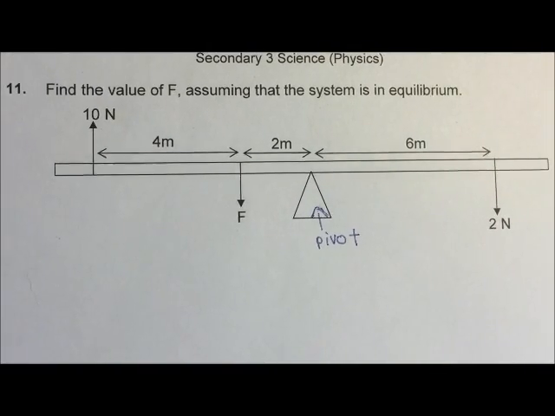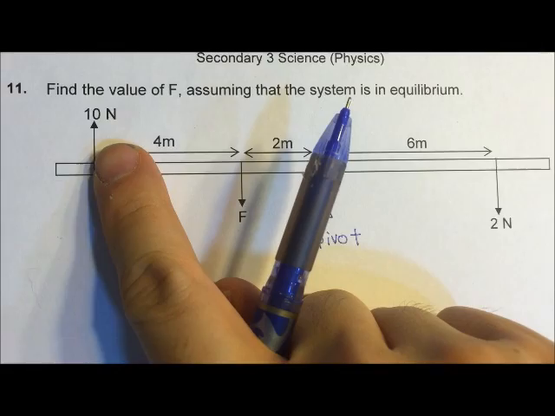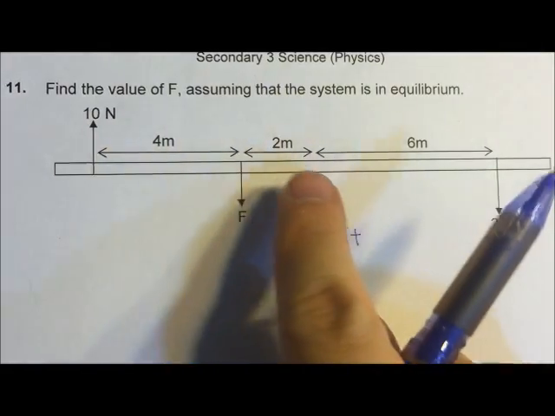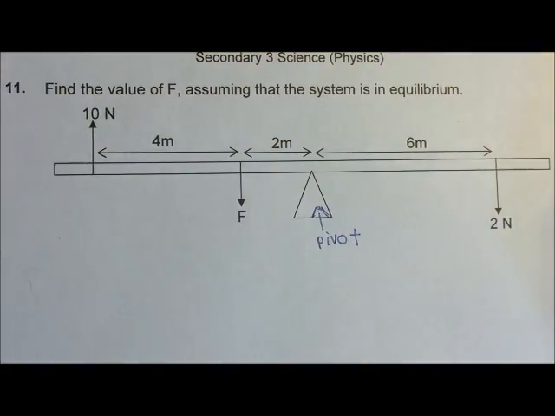So once we have identified the forces, what are the direction of the forces? Can you now determine the direction for all these 3 forces? I hope you have identified it correctly. Now for the 10 Newton, the force from the pivot, the direction of the force will be clockwise.